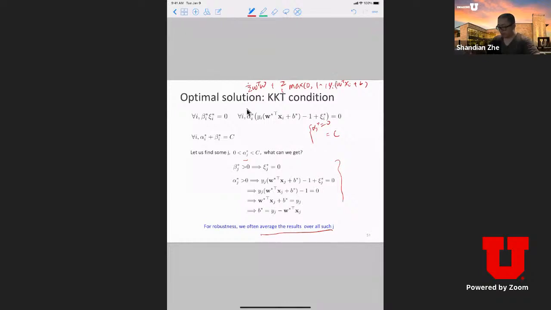Sorry, it should be like that. So in case that you don't find such alpha j star which is strictly between 0 and c, we can go back to the original objective function we have addressed. Now we know w star, so the problem is only to solve b. You can use subgradient descent as well.